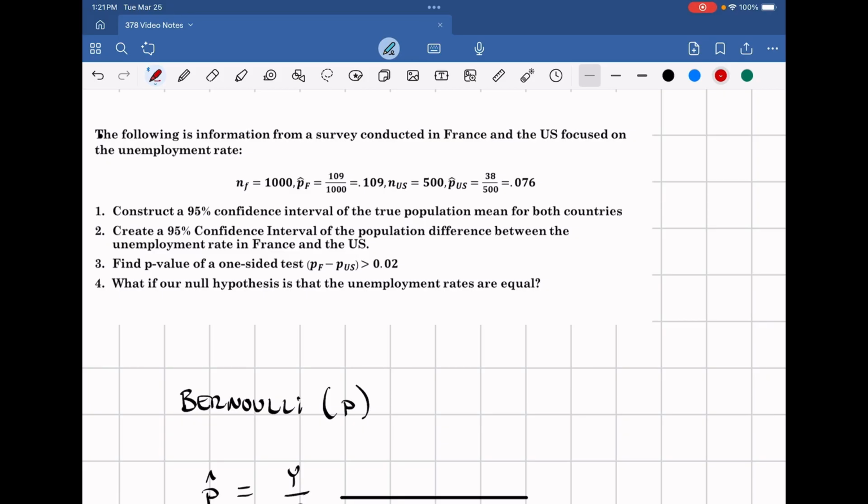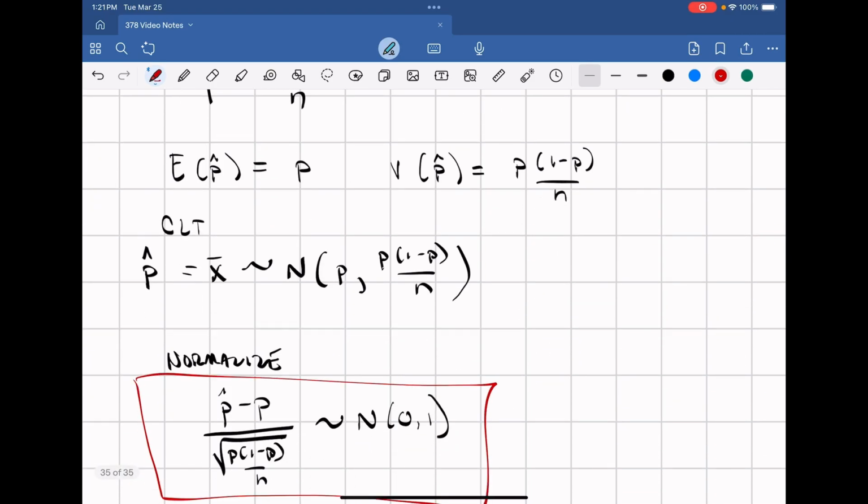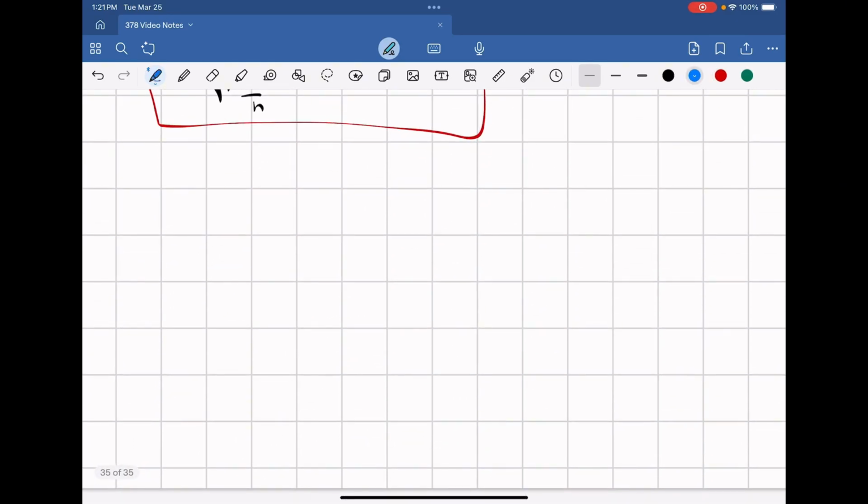So using this information, let's go ahead and calculate a 95% confidence interval for both France and the US. So in these examples, here is France. What we want to know is what's the probability that, and we can look up in our table of the 95% confidence interval, 1.96 is going to be between p hat minus p over the square root of p, 1 minus p over n, and 1.96.